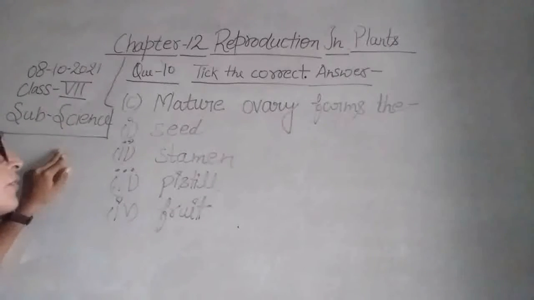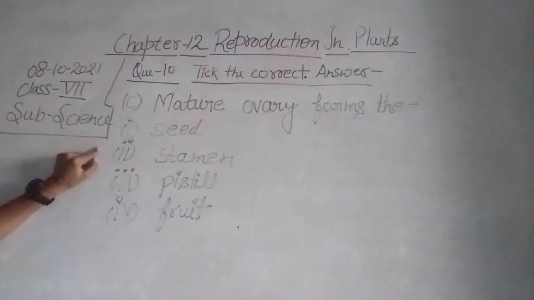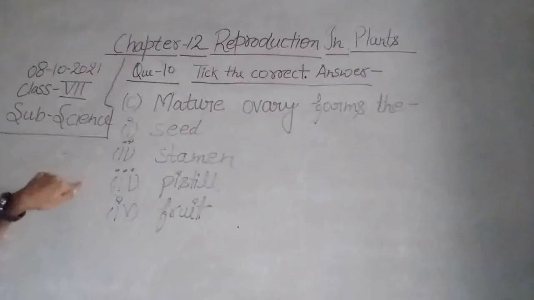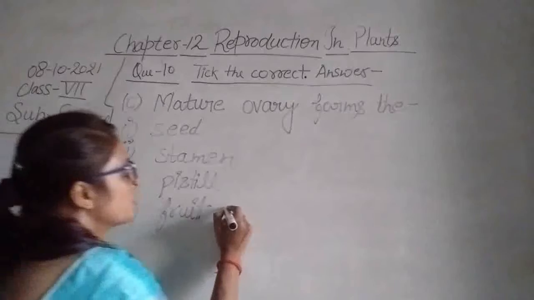Mature ovary forms the seed, stamen, pistil, or fruit. And the right answer is fruit.